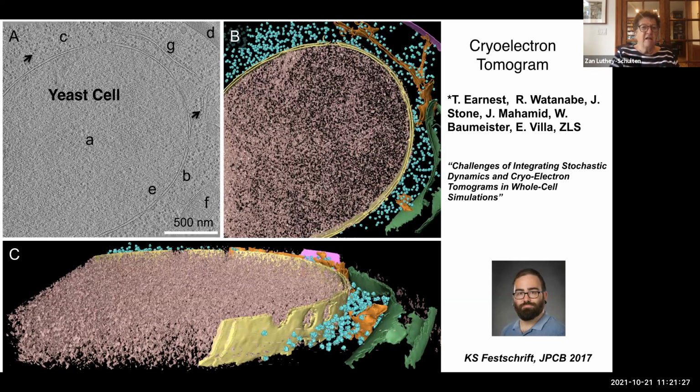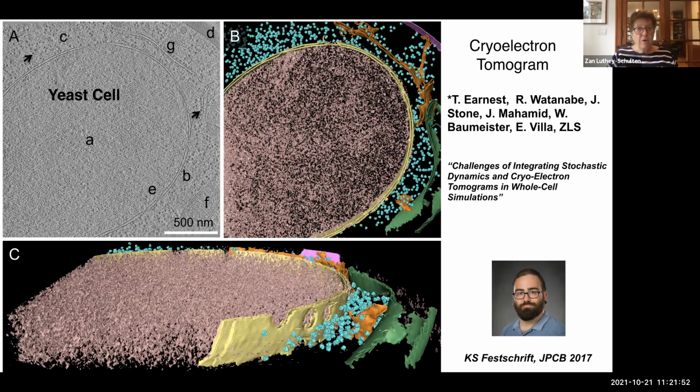Now, if you take that slice that they made of the yeast cell with FIB milling and rotate it on its side, you can now see the holes in the nuclear membrane, the nuclear pore complexes, where the mRNA will come out and then be translated by ribosomes.